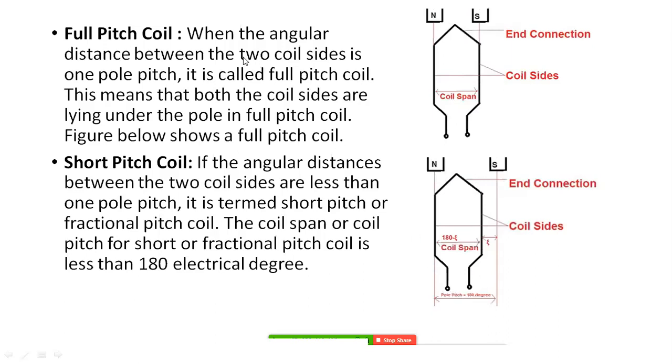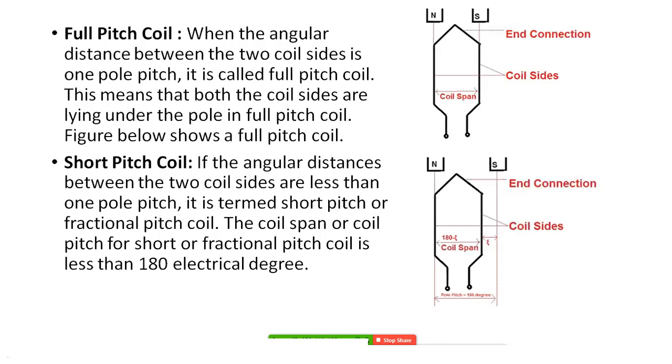When the angular distance between the two coil sides is one pole pitch. What do you understand by one pole pitch?